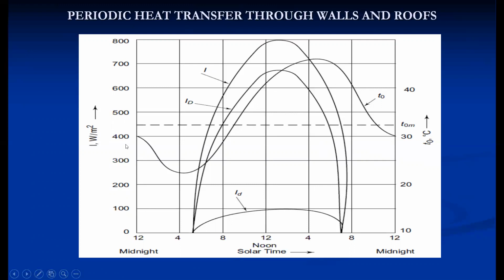So for the temperature variation, if you see again, at midnight, generally at 3 to 4 a.m., it is lowest. Then as the sun rises, the temperature goes up.